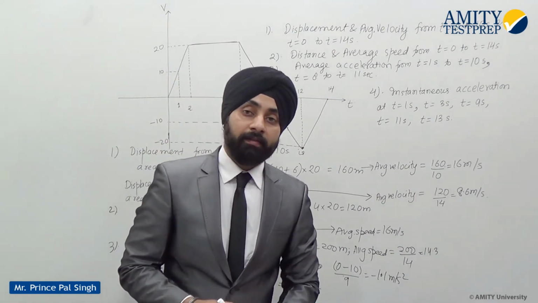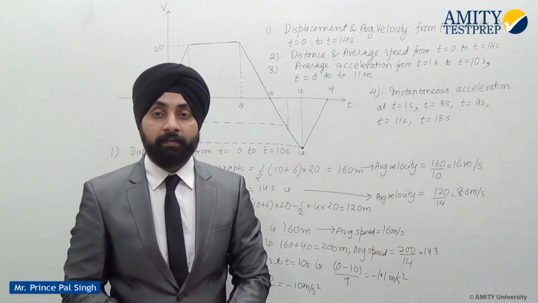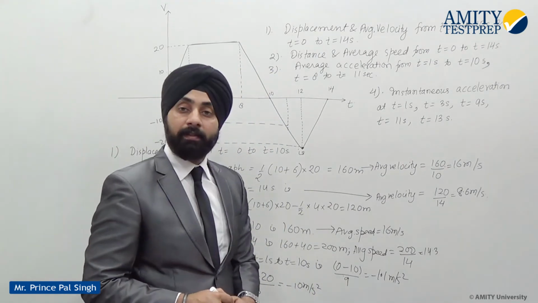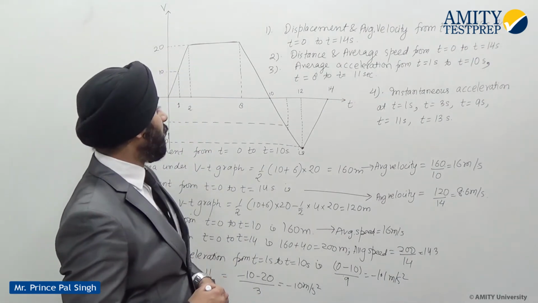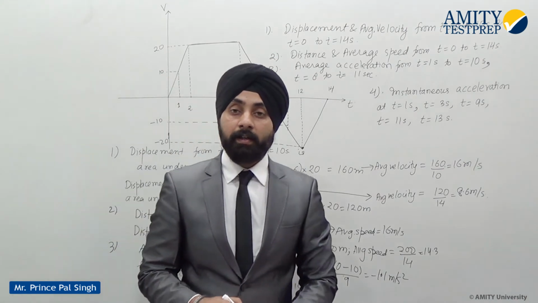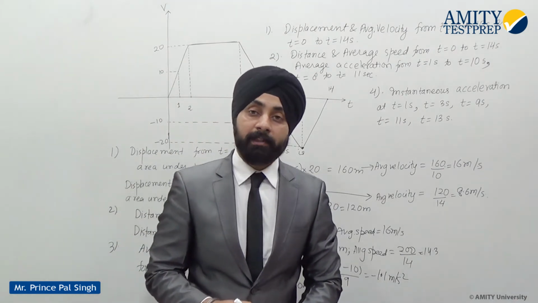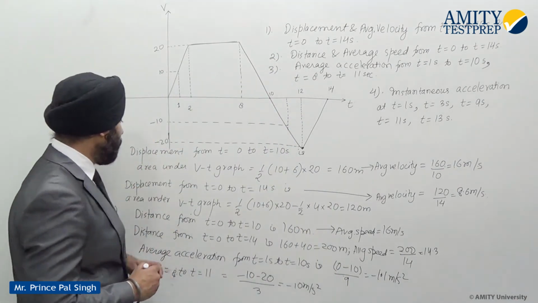So we will start with the basic definitions that we know about the displacement, as we have learned that when the velocity time graph is given, the area of the velocity time graph gives us the displacement. So here it is solved.